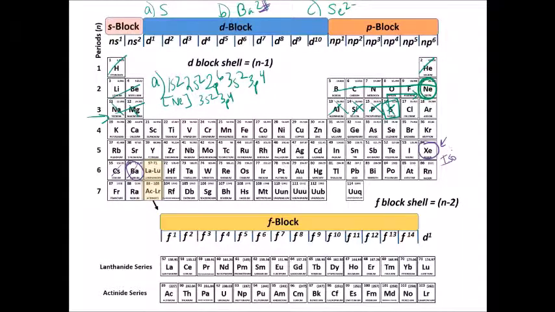That means it's isoelectronic. Oops, let me spell correctly. Isoelectronic with xenon. They have the same electron configuration. Iso meaning same, electronic representing the electronic configuration. And remember, the idea of why barium's going to lose 2 electrons to begin with is for stability purposes.